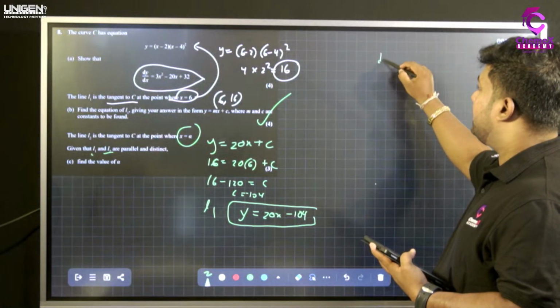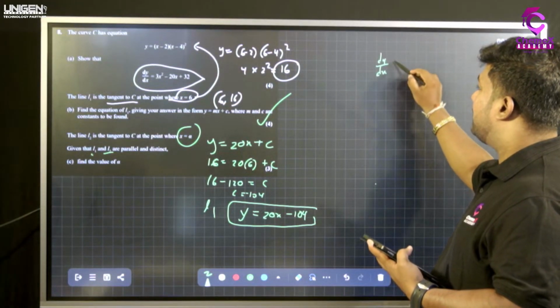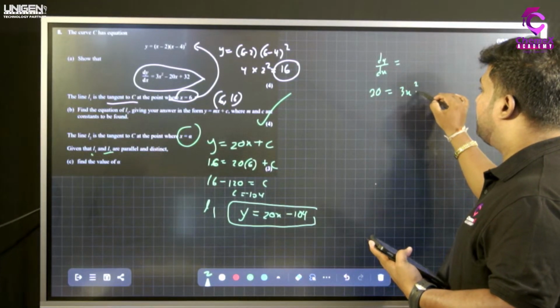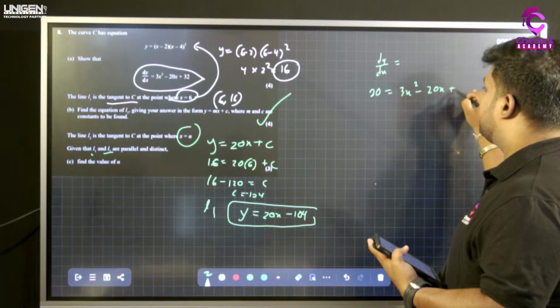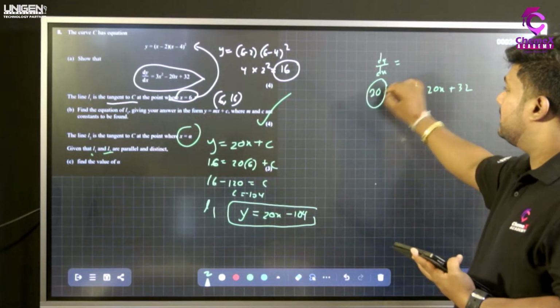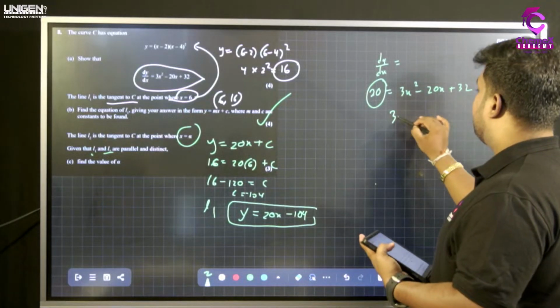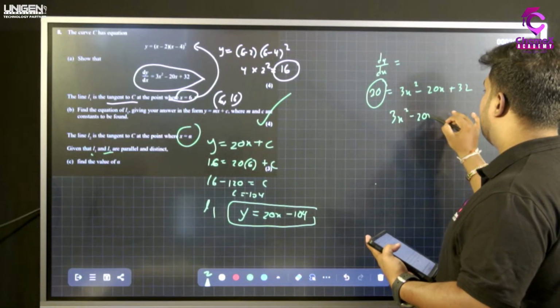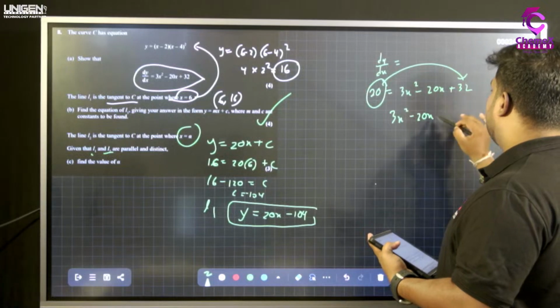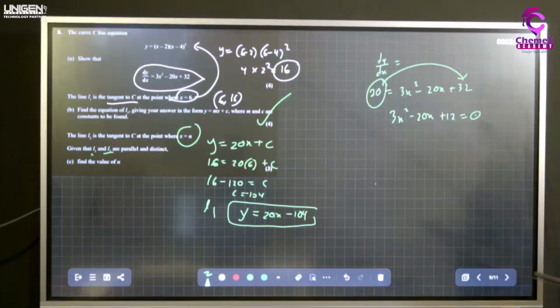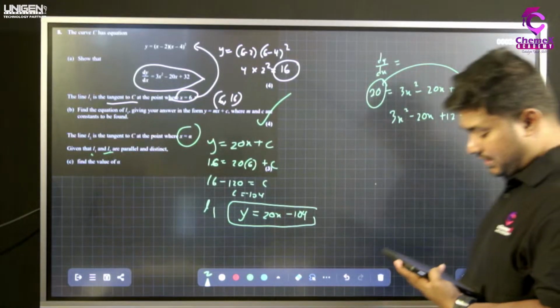Then can I equate dy over dx to that? So 20 is equal to 3x squared minus 20x plus 32. Since L2 also has the same gradient, I can equate it to 20. Then 3x squared minus 20x, you take this to this side, plus 12 equals 0. Then you can solve this.